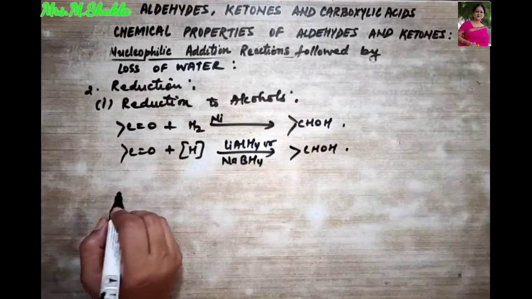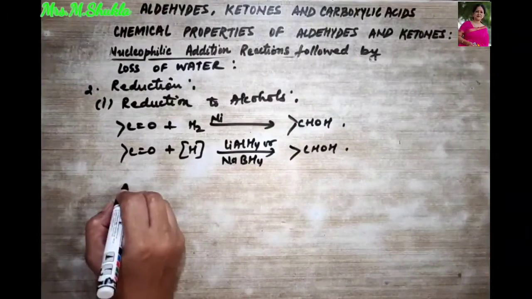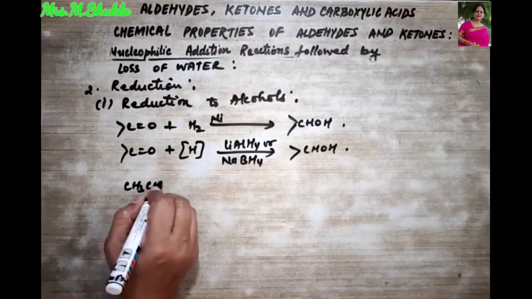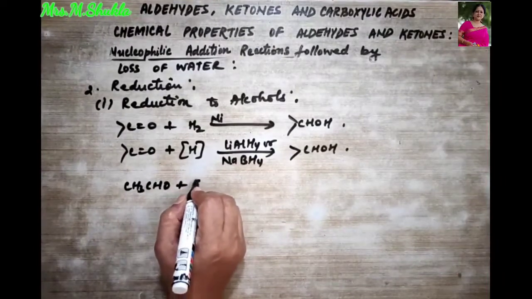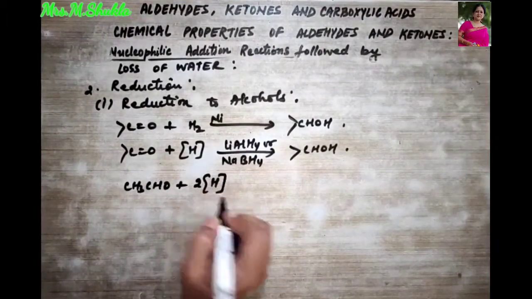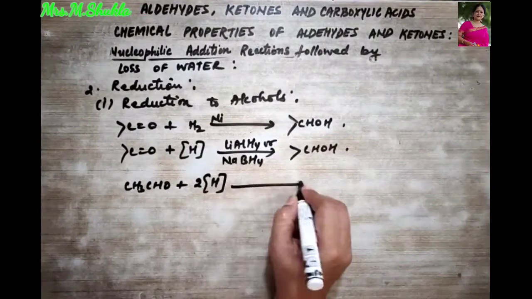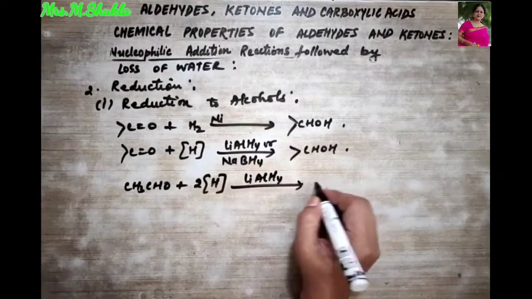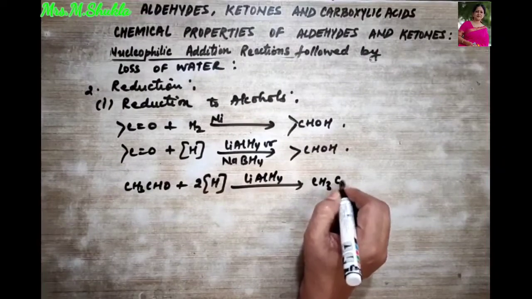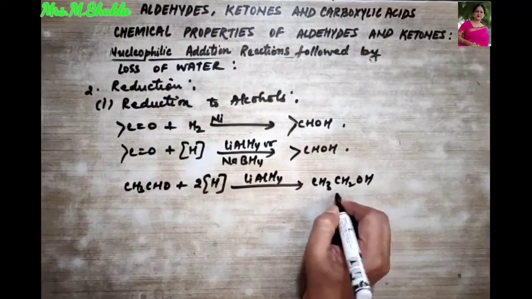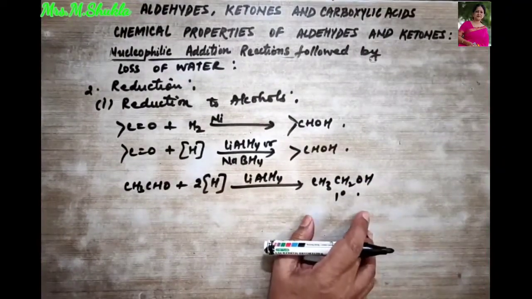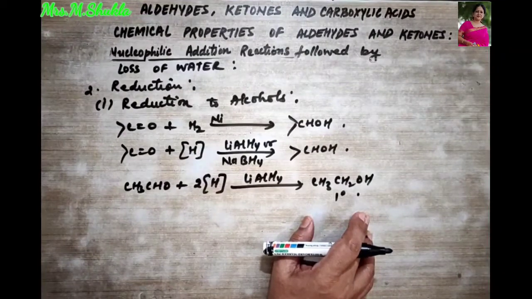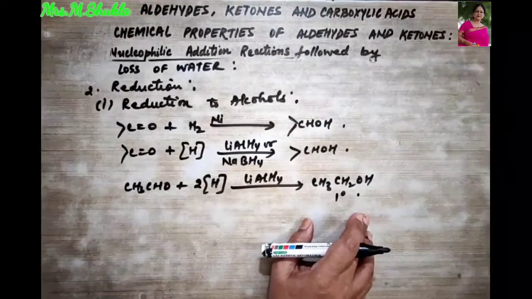Let's take some examples. For example, CH3CHO, when treated with nascent hydrogen in the presence of lithium aluminium hydride, is going to give us CH3CH2OH, and this is your primary alcohol, ethyl alcohol.